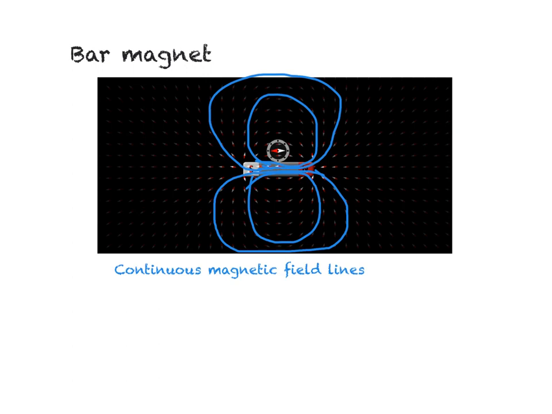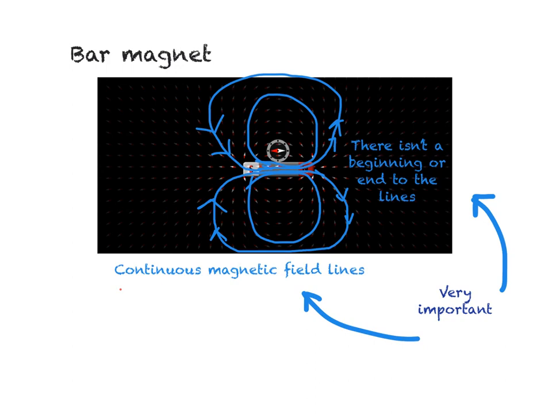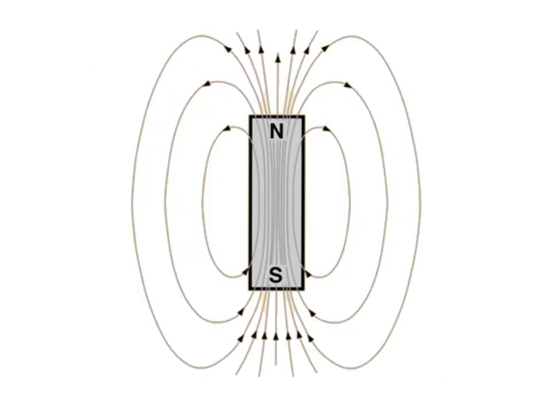Now by convention, the field direction is taken to be outward from the north pole and into the south pole of the magnet. But that's just a convention. There really is no beginning or end to these bar magnets. Now this will become a very important concept when we get closer to studying Maxwell's equations. But we have quite a long way before we get to that.